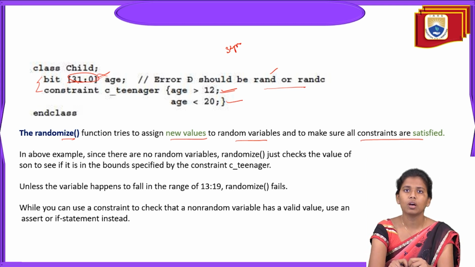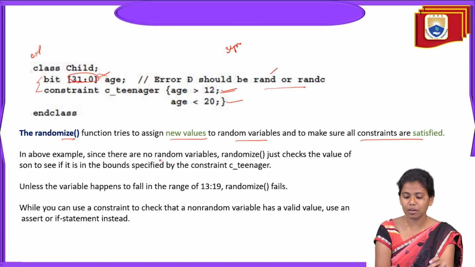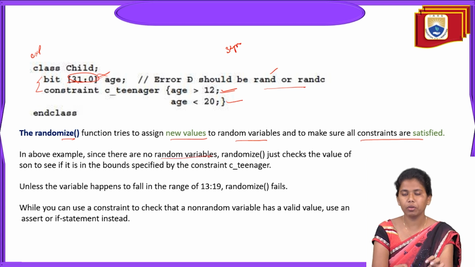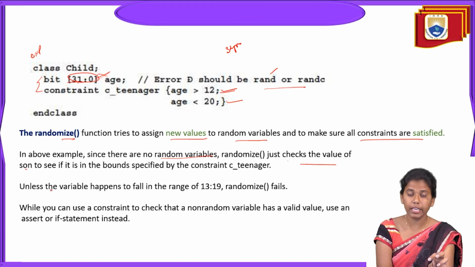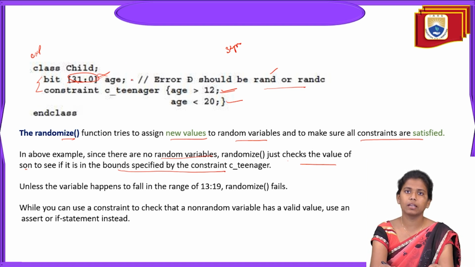So in order to go as per the question being asked, we can make use of randomization as well. In this example, since there are no random variables, randomization just checks the value of son to see if it is in the bounds specified by the constraint c_teenager.